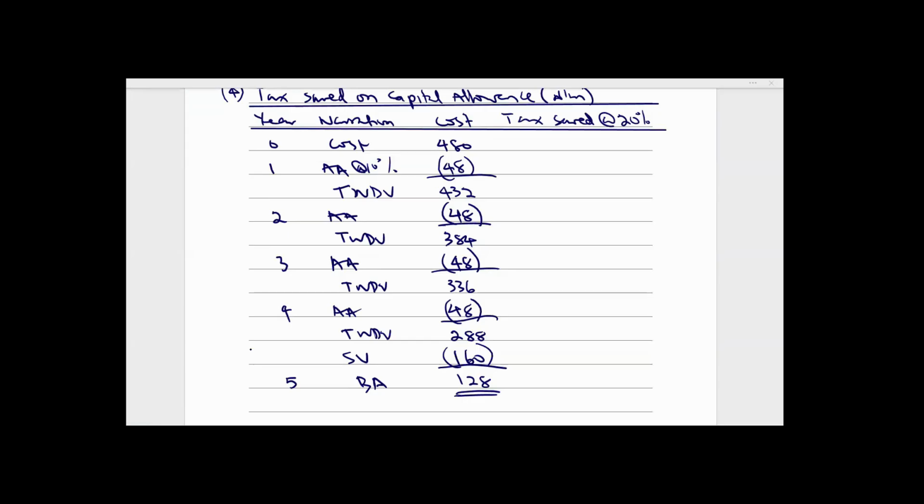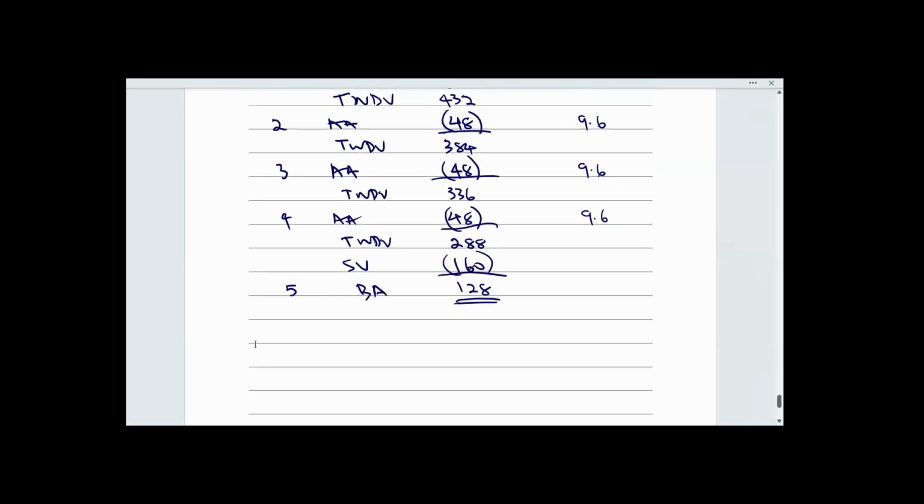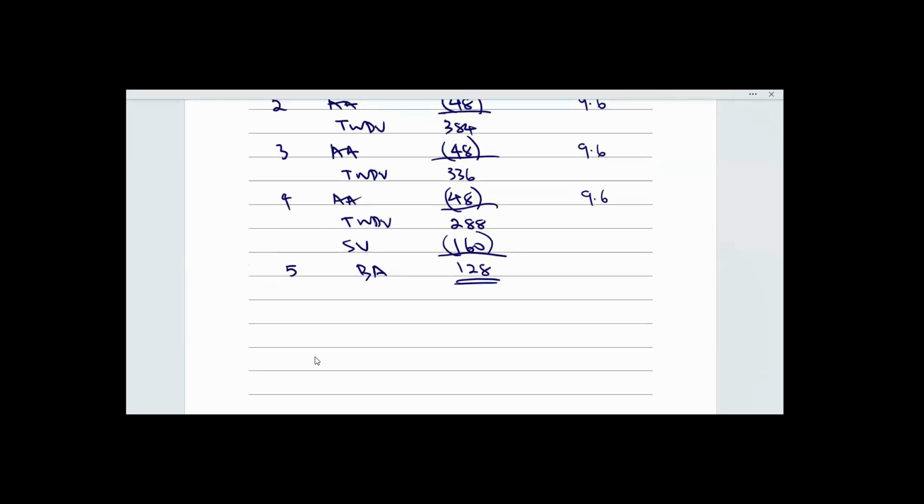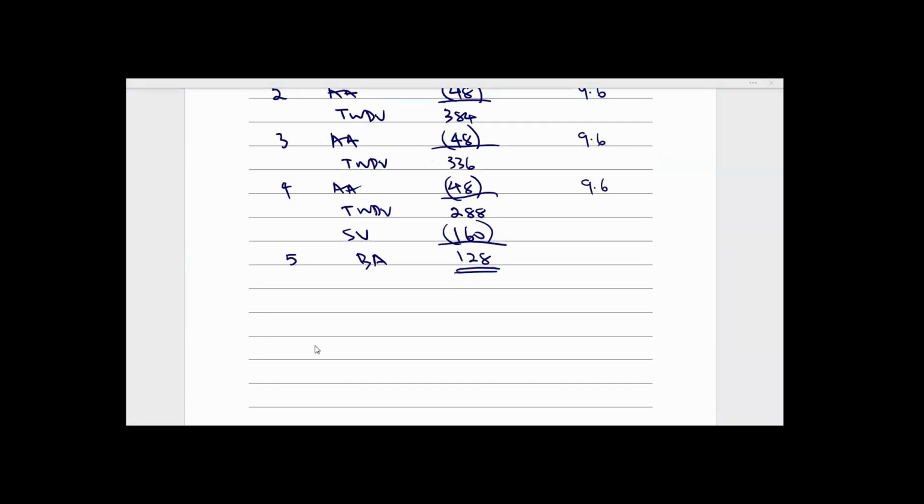So here is 9.6, 9.6, 9.6. Then the final year, 128 multiplied by 0.2 is 25.6.